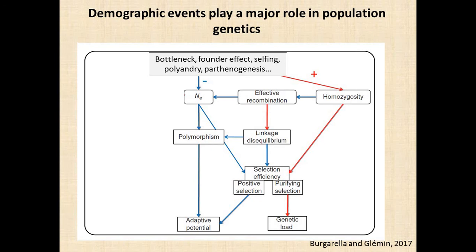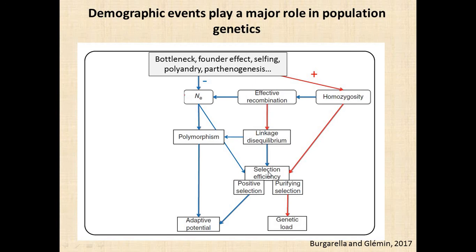Okay, and as a summary, it's a bit complex, so we can just pause this video to read it through. This is more or less what I told you. If there is a bottleneck, founder effects, selfing transition, polyandry, anything that will change or decrease the effective population size, that will have consequences on polymorphism, of course, and eventually on the adaptive potential. And why? If we go back here, there is also an increase of homozygosity, and a decrease of effective recombination. If there is a decrease of effective recombination, there is an increase in linkage disequilibrium, which means lower selection efficiency.